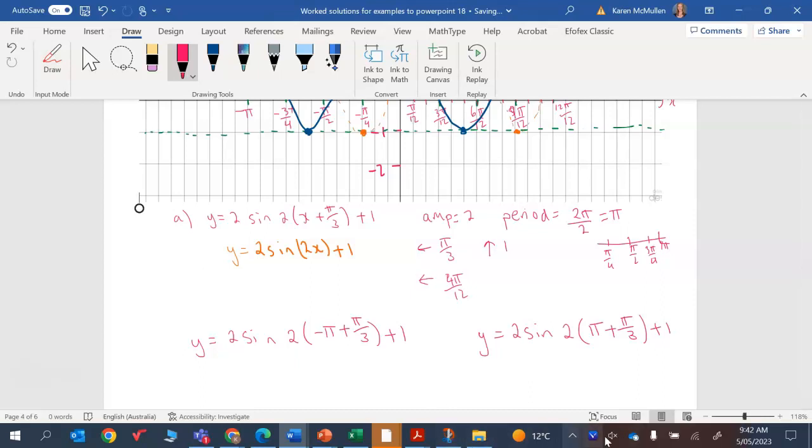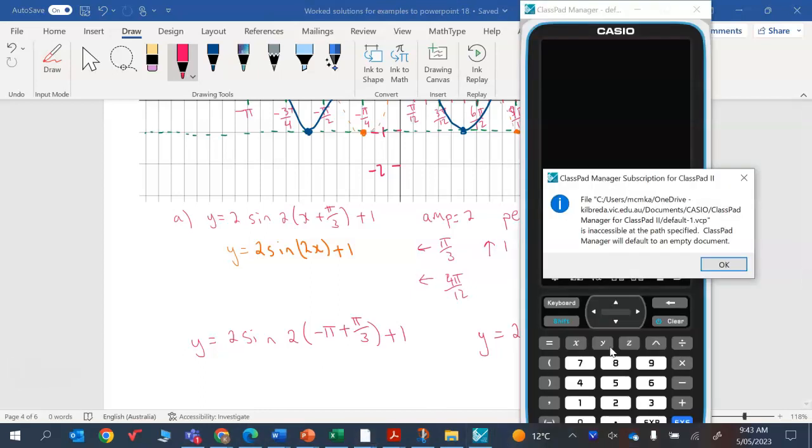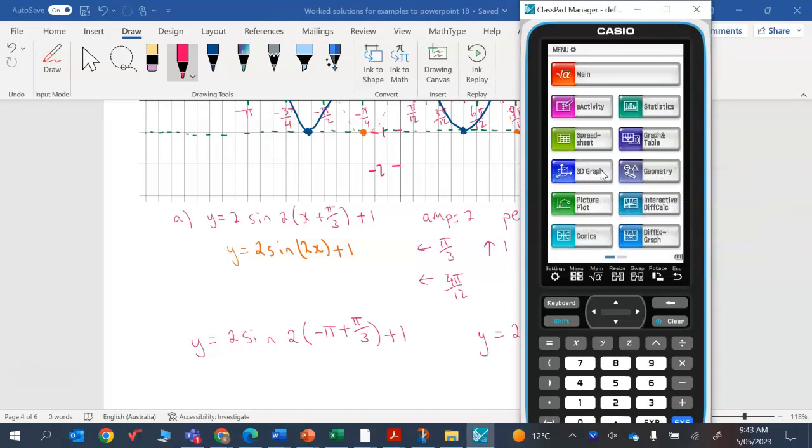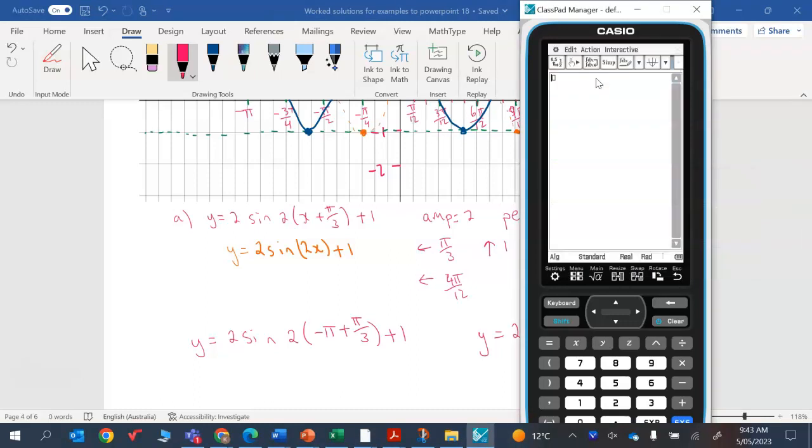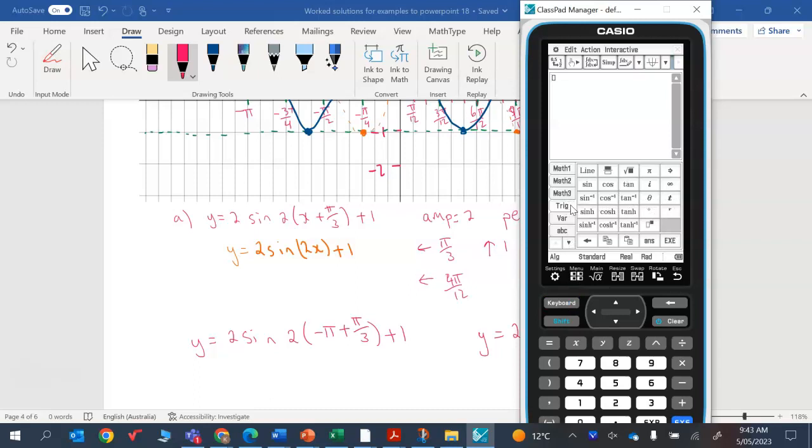So let's just go on the calculator. I don't have it there. All right, so don't know what that was. Hopefully it works. All right, so when you're doing it, just go to where we got 2 sine(2 negative pi plus pi on 3).